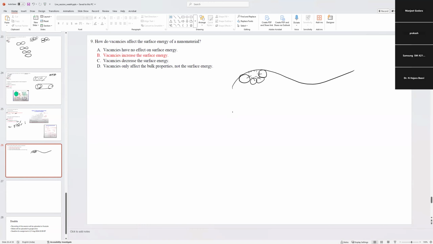Since it has unfulfilled bonds, it will increase the energy of the system. So increasing the vacancies increases the surface energy.